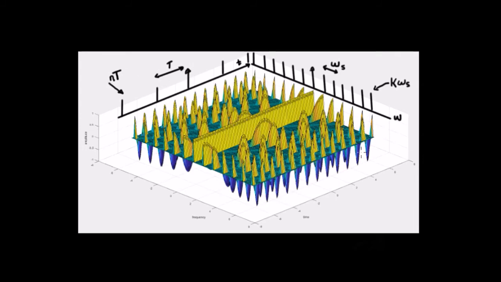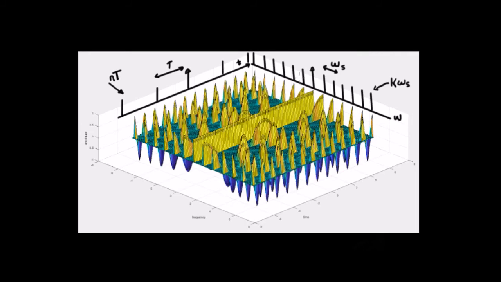Now, if we think about just this impulse train here in the frequency domain, we can see that this is a purely periodic function, and it's a purely even function. So if it's an even function, it means that if we were to go from the frequency domain back to the time domain, so we take the inverse transform of this, we're going to be multiplying this by e to the i omega t.